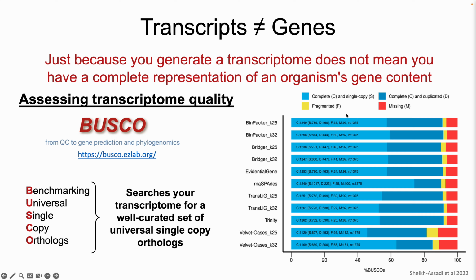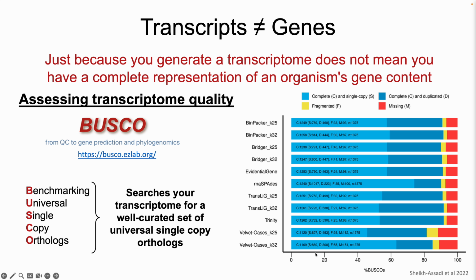And so this graph over here on the right, this one isn't testing different species, it's testing different assemblers. The x-axis here is the percent of those benchmarking orthologs that were in the transcriptome. And the way this is color-coded, the red is missing.